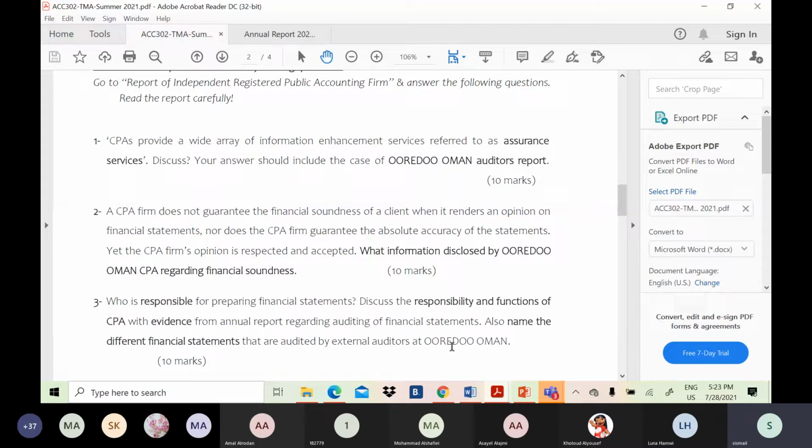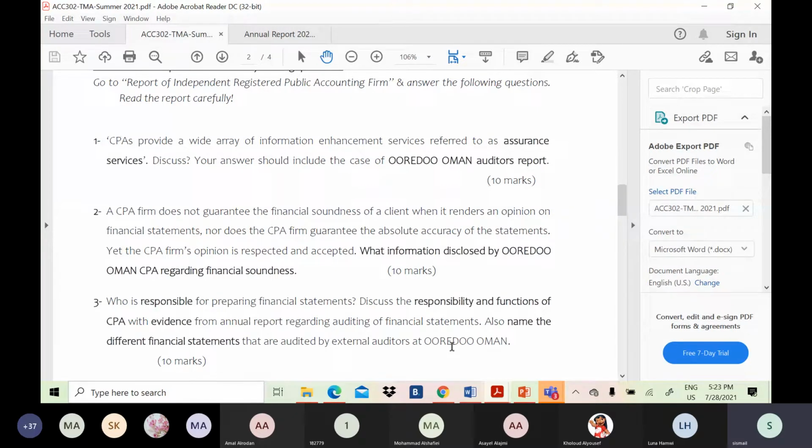So he said the CBE firm opinion is respected and accepted. This is just introduction. اللي أنا قلته ده كله يا جماعة introduction. What is the question? He said, what information disclosed by أريد عمان CBA regarding financial soundness? Do you remember when we were talking about the opinion of the auditor, and we said we have 5 different opinions?